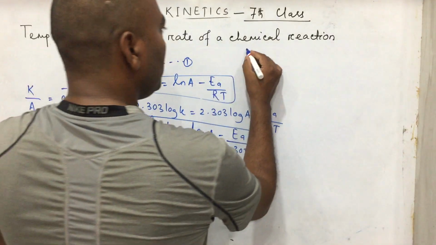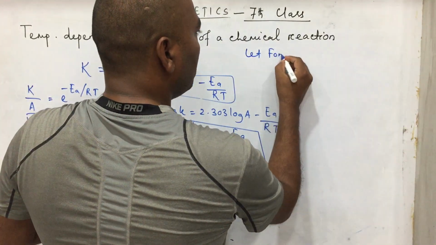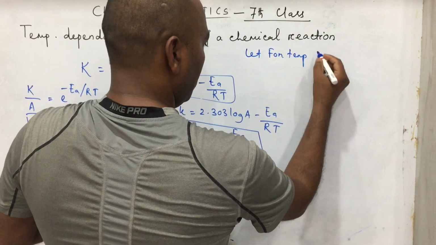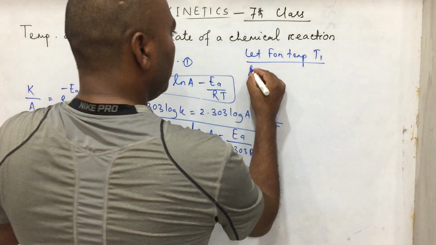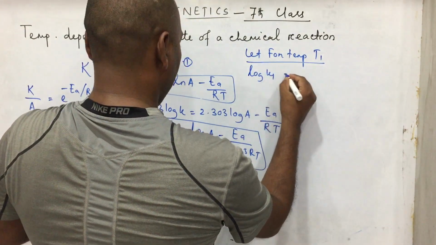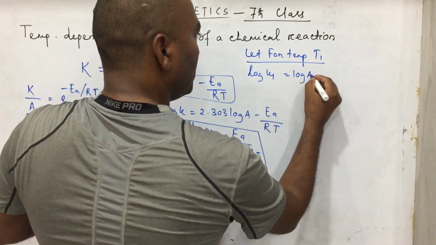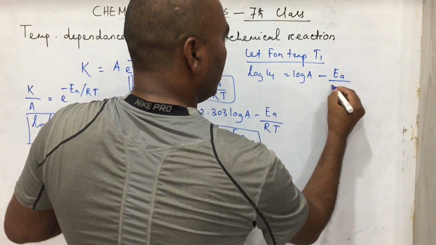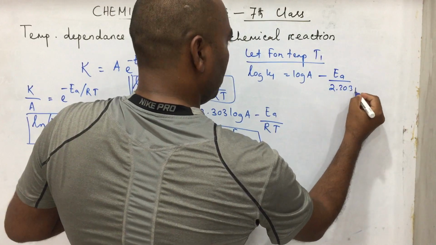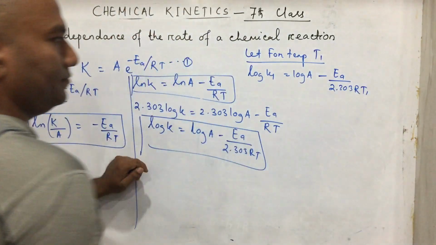Let us take temperature T1. The equation will be log k1 equals log A, which is constant, minus Ea divided by 2.303 RT1.